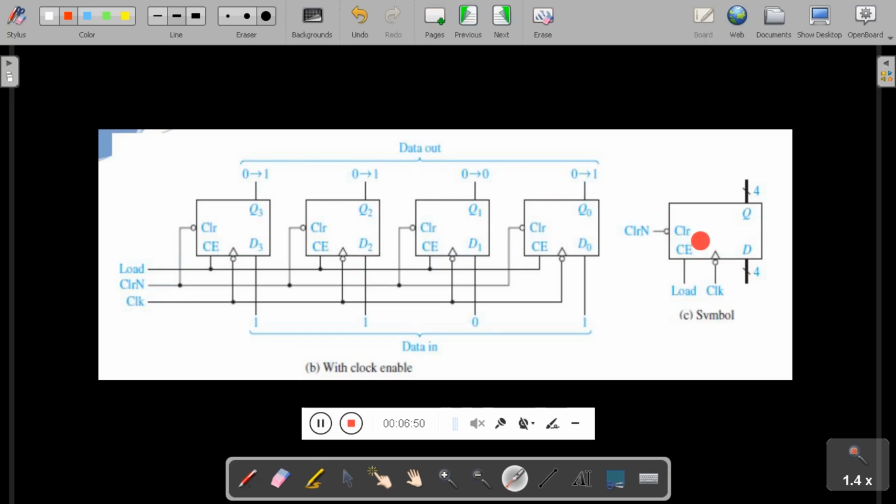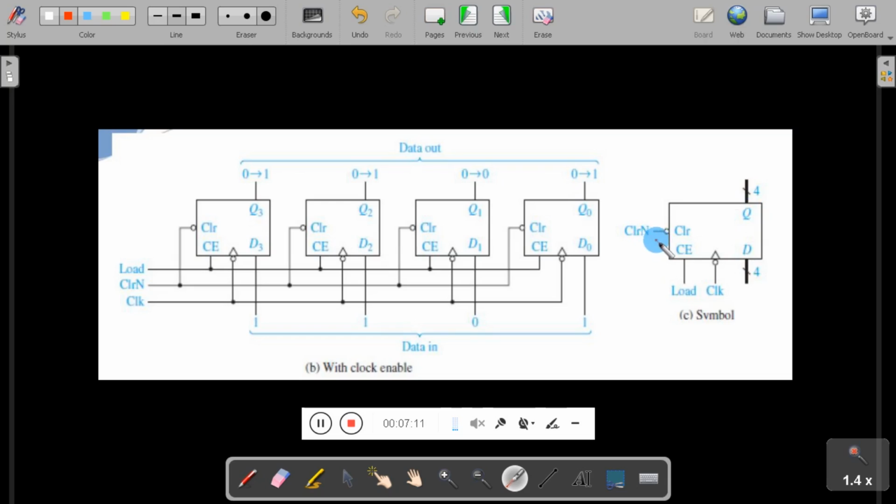So this is the logical symbol of a 4-bit register. Here the D is represented in terms of a bus. D can take values D0, D1, D2, D3, and Q can take values Q0, Q1, Q2, Q3.